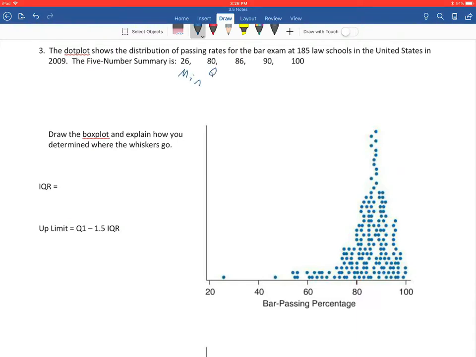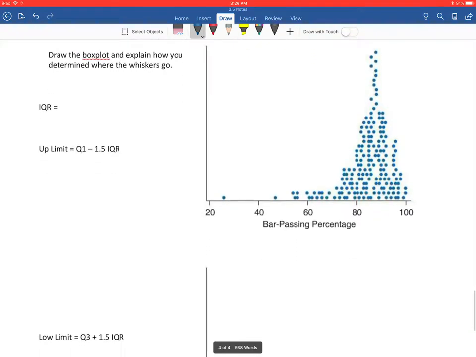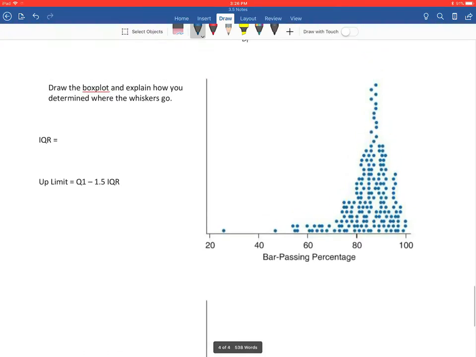Again, the 5 numbers are the minimum, Q1, the median, Q3, and the max. So we are going to draw an entire box plot with this information below this dot plot. And we're going to explain how we determined where those whiskers go.